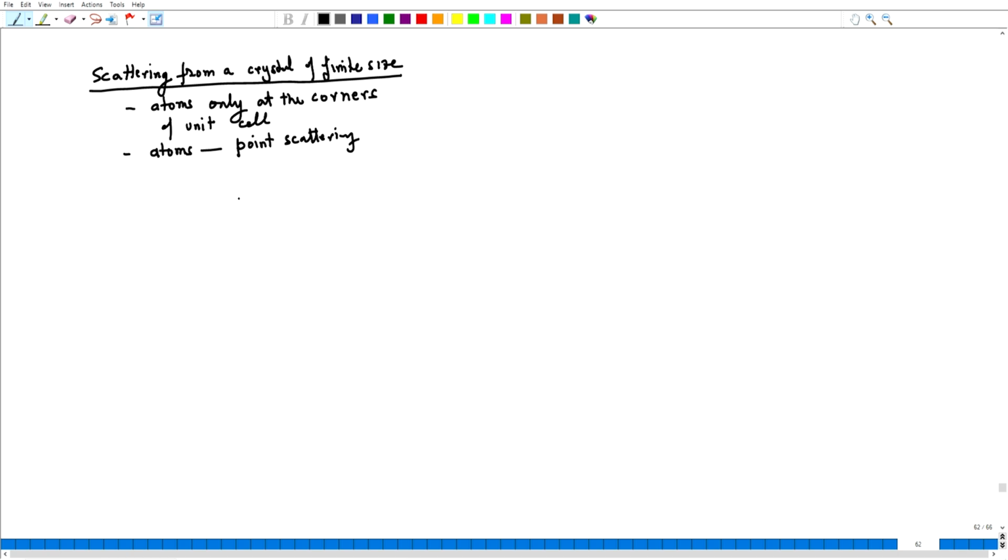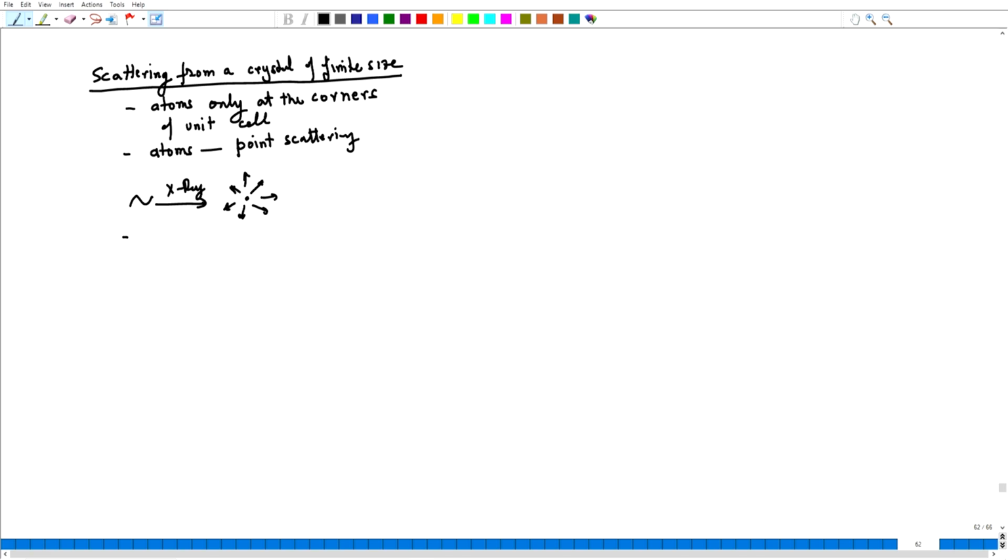So, if this is my point scatterer, my incoming X-ray beam will get scattered in all directions in 3-dimensional space. Now, I am considering a crystal of finite size.